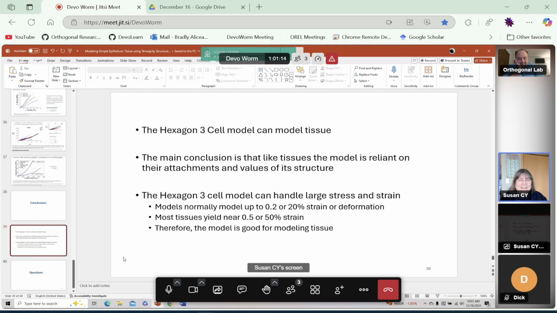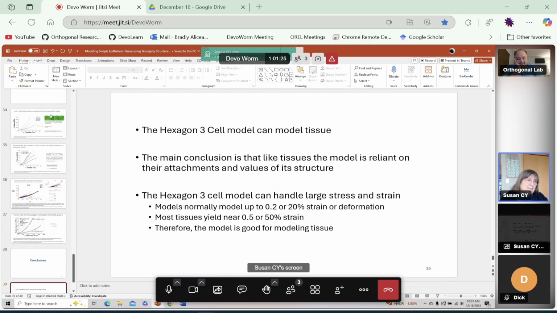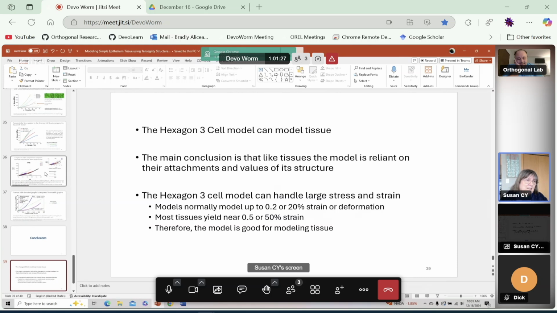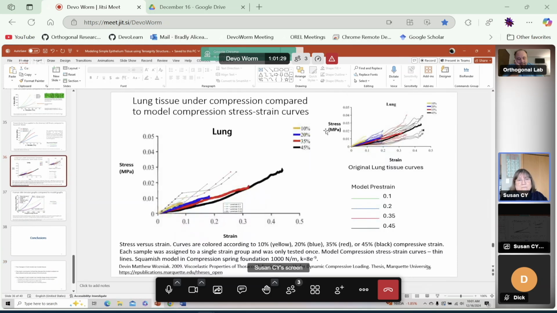It's good for 50% strain usually, although if you go back here, if you get 10% pre-strain on lung tissue, it fails at about 10% or 0.1 strain.